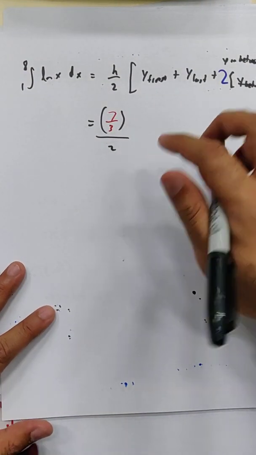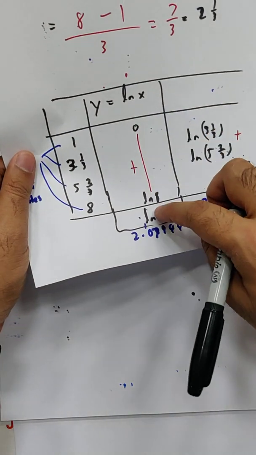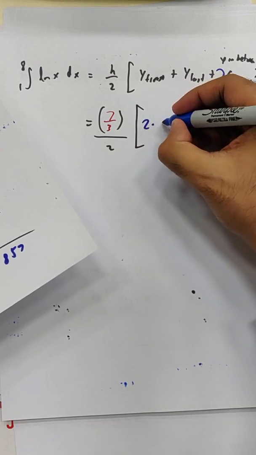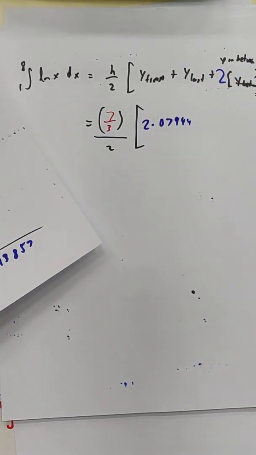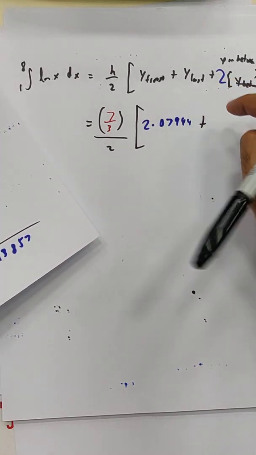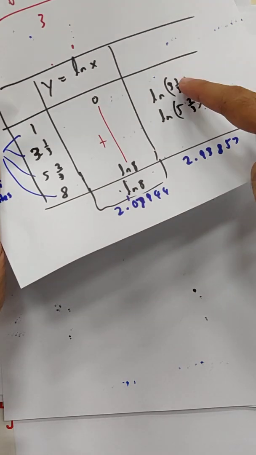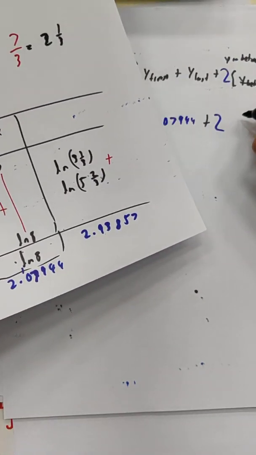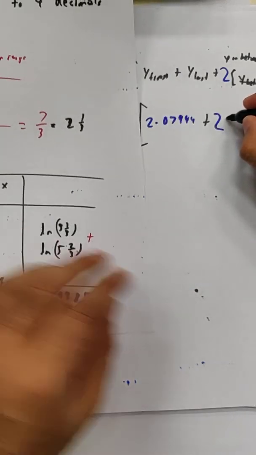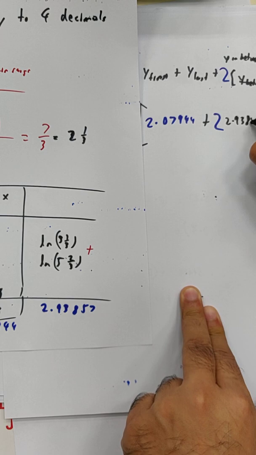It should give you 7 over 6. y first plus y last, the ones that we have calculated over here, 2.07944, plus 2 times this thing we have calculated, 2.93857.